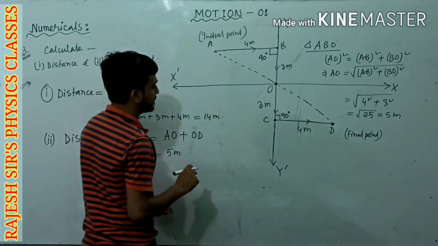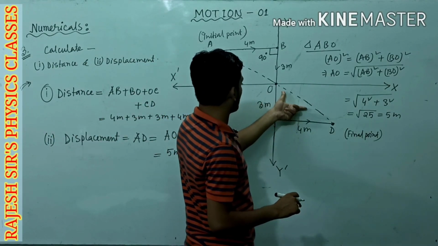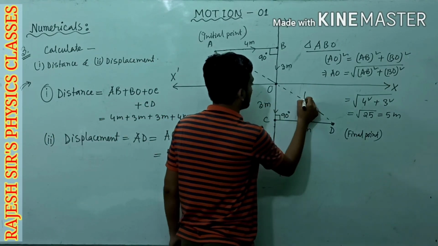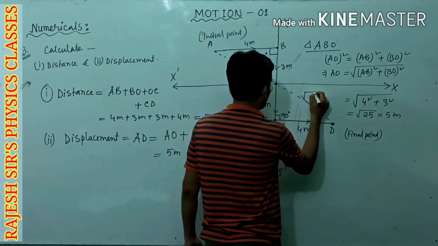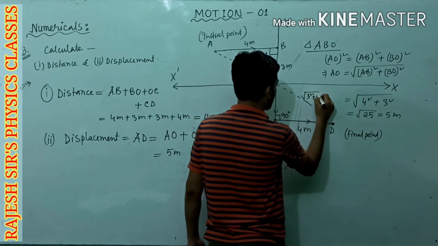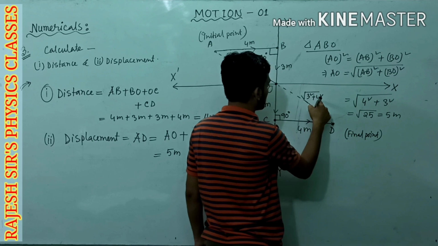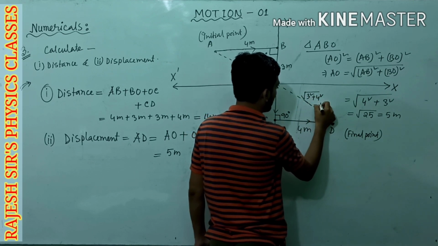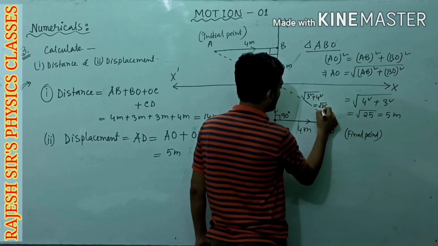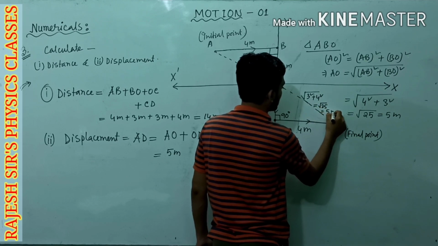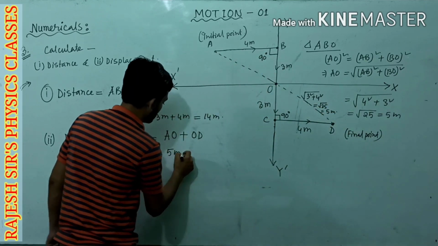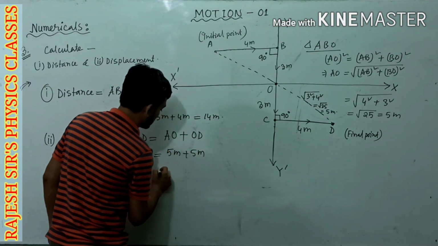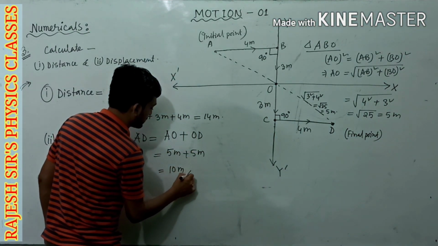So just like this, if you do the calculation for OD, you will also get root over of 3 square plus 4 square, means root of base square plus perpendicular square equal to hypotenuse. You will get what? Root over 25 is equal to 5 meter, plus 5 meter is equal to 10 meter.